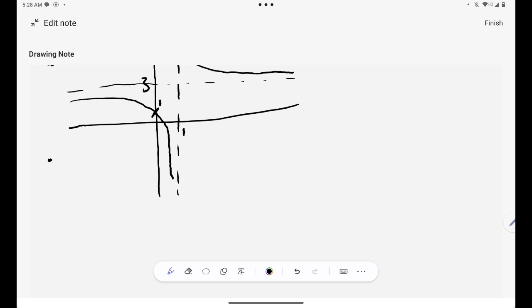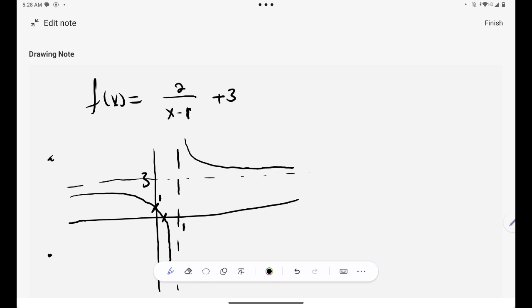Here we have 1, and then for the x-intercept, if we make y 0, let's solve for x. If this is 0, we'll have 2 over x minus 1 plus 3, which gives negative 3.